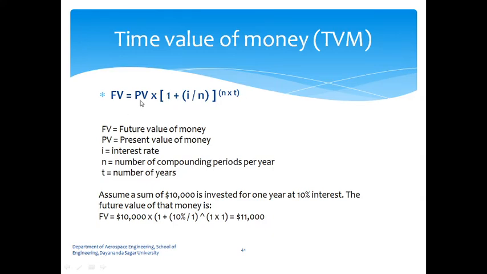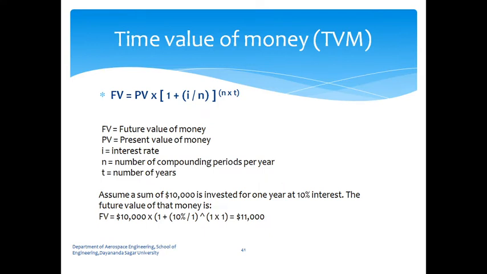Or otherwise, I can say present value equals future value divided by this term. So as I mentioned, when you are comparing the present expenditure with the future benefits, you need to bring both things into one time. It could be on a future basis or from a present basis, present value or future value.